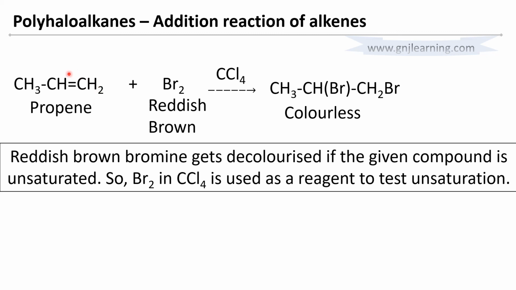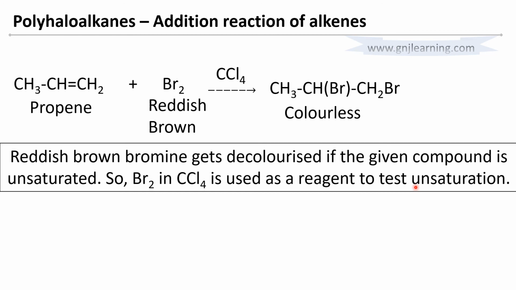That is, the compound is unsaturated. If it was saturated, bromine cannot be added into the compound. If there is no decolorization, the color does not change, then the given compound is saturated. That's the reason why bromine in CCl4 is used as a reagent to test unsaturation.